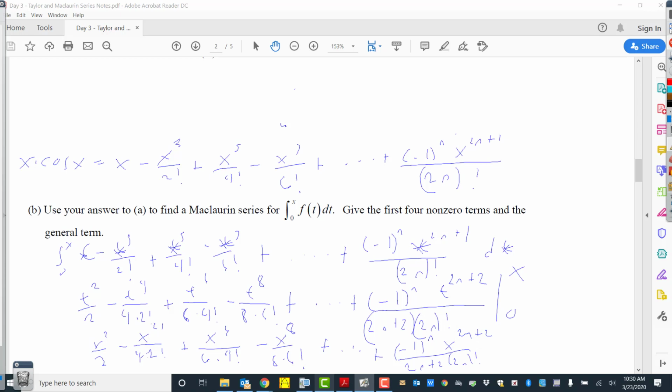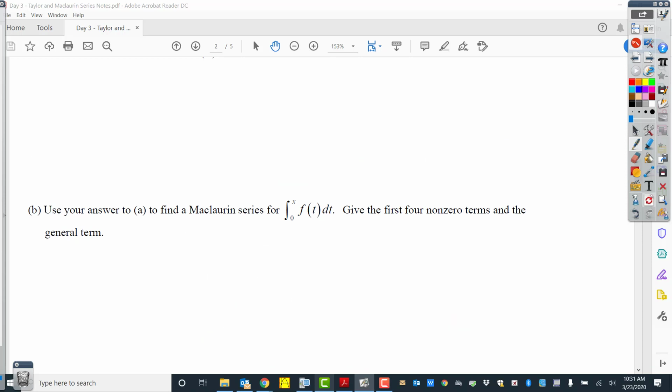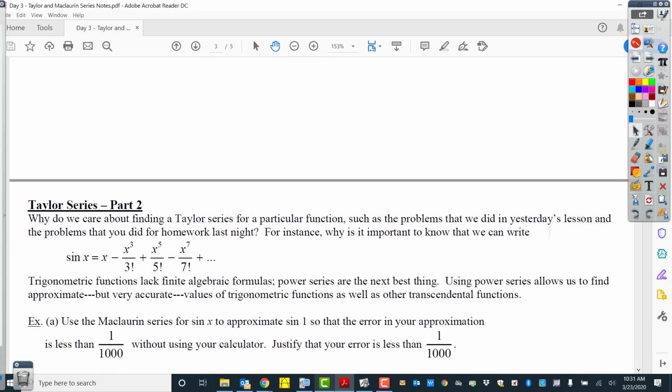And there's our final integral here. Pretty long integral, but it's doable. So let's keep moving.